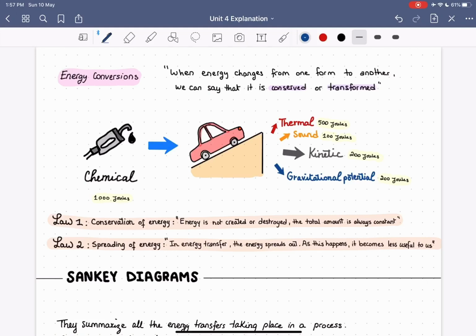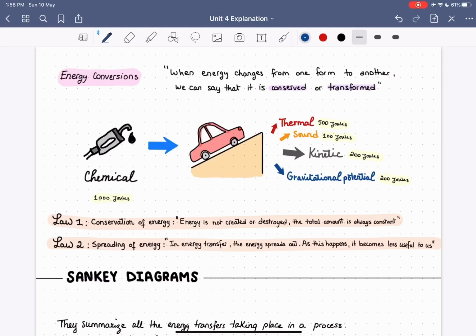Okay, and imagine that we started the engine and we start to press on the fuel. If we have a hill, the car will start to go up the hill. So we have both kinetic energy due to the motion of the car, and we have gravitational potential energy as the car is moving upward, raised against the force of gravity pulling it down.